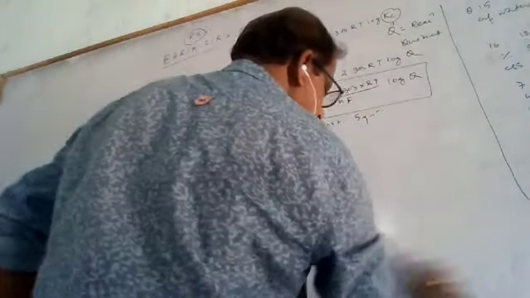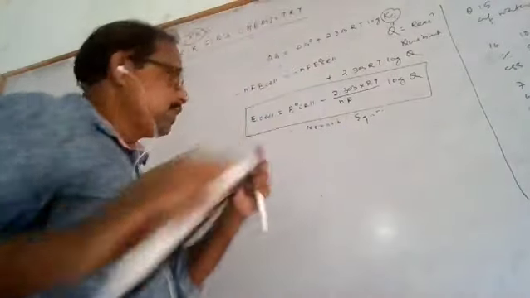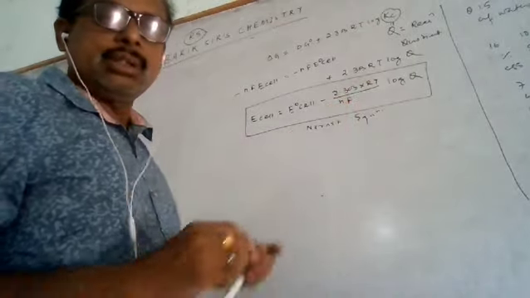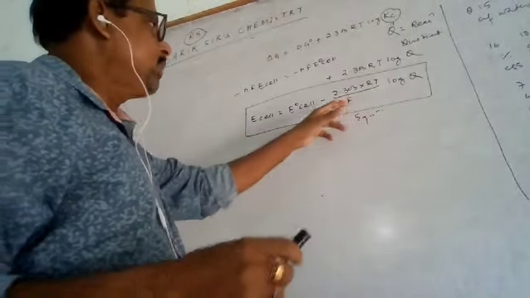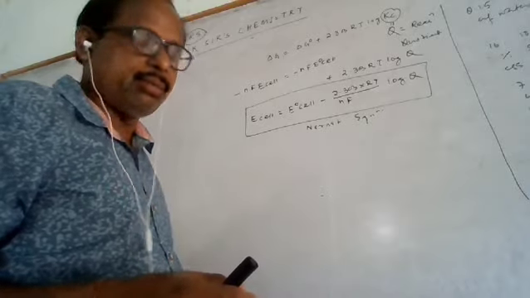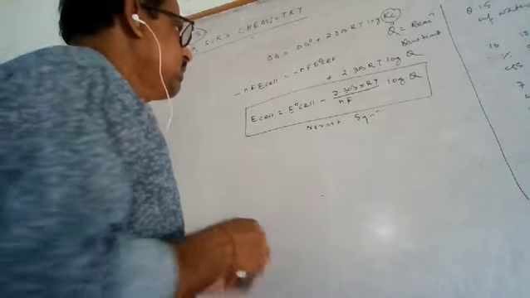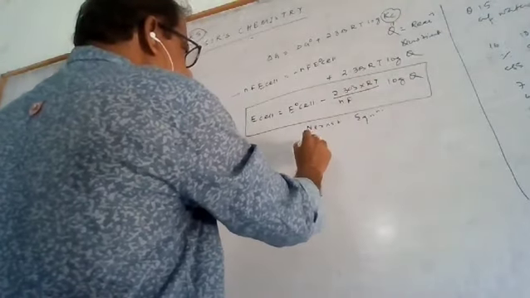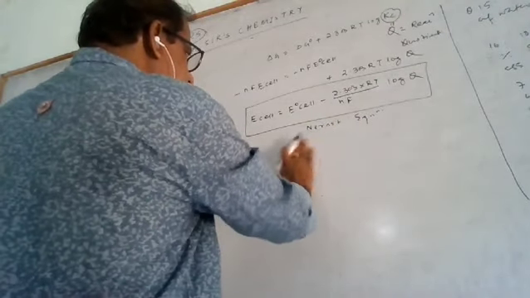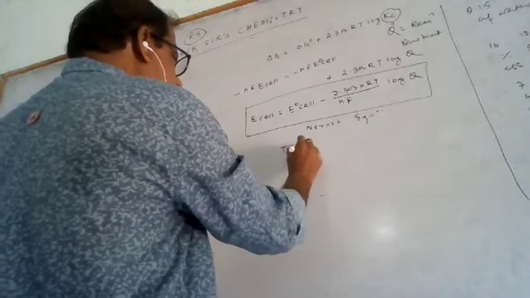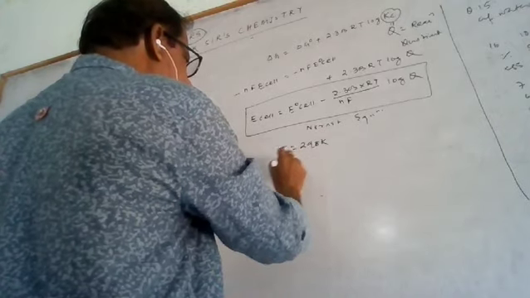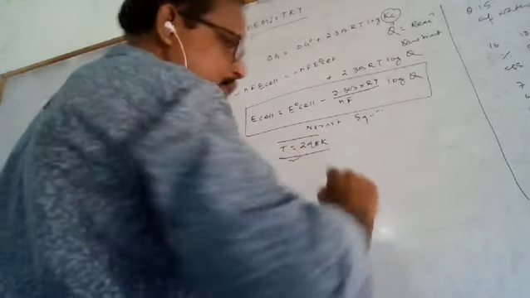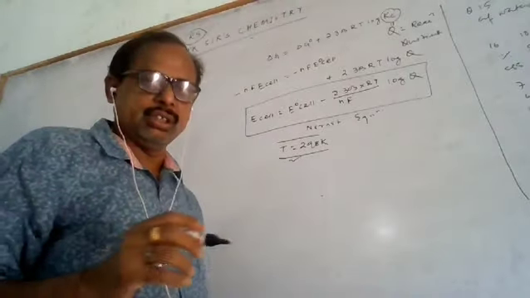You know, this R is the universal gas constant, T is the temperature, n is the maximum number of electrons, F is the Faraday constant. If T is equal to 298 Kelvin, normally the temperature we keep constant, only we are varying the concentration.